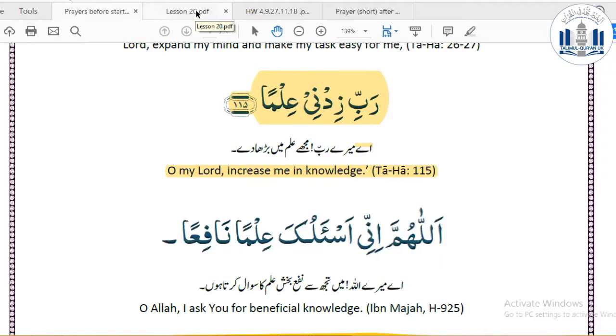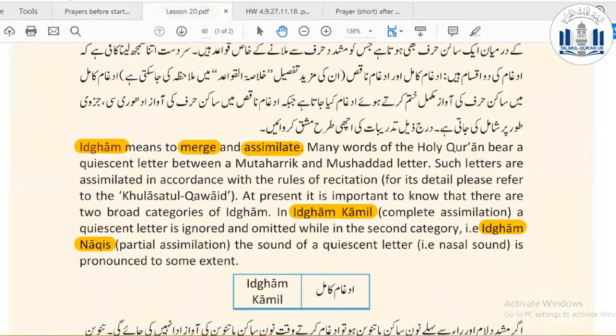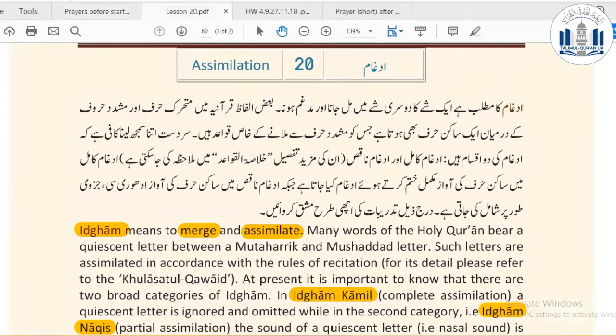We will now start our lesson for today. We will be carrying on with the same rule that you learnt yesterday, but a different aspect of that rule, okay? So you learnt a new terminology, a new word yesterday, which was about assimilation or idgham.